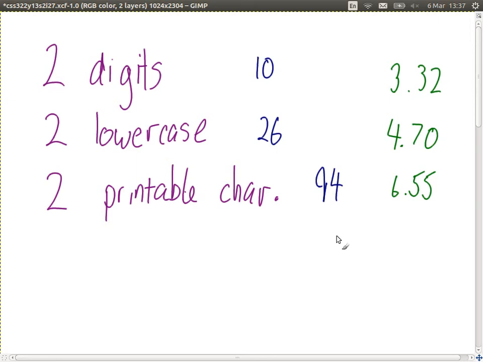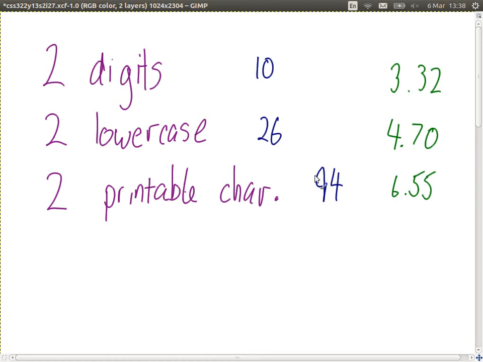About 6.64. That's 2 times 3.32. The log of 100 is 2 times the log of 10, because 100 is 10 squared.